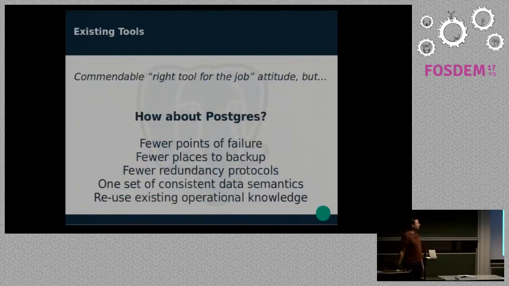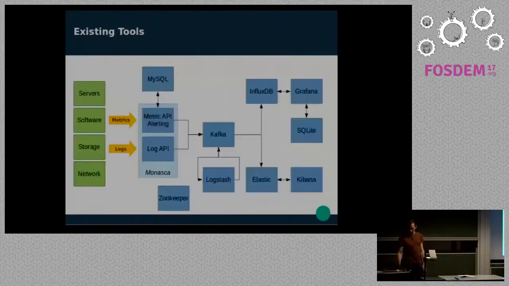It's a commendable right-tool-for-the-job attitude, but why not Postgres? Postgres can store data. So if we just use Postgres, we have fewer points of failure, fewer places to back up, fewer redundancy protocols, a more consistent set of data semantics, and you can reuse your existing knowledge of Postgres as well. So it seems like a good idea.